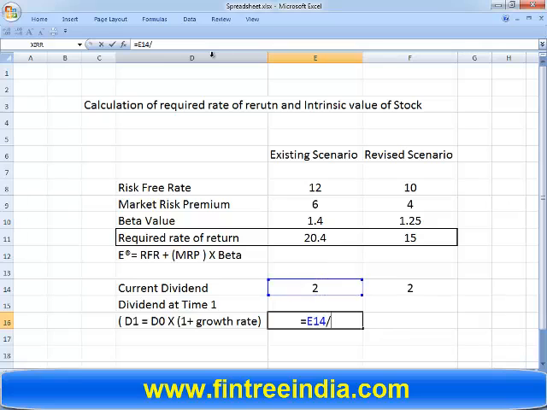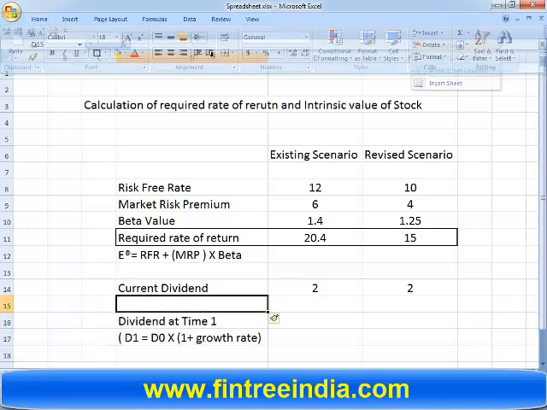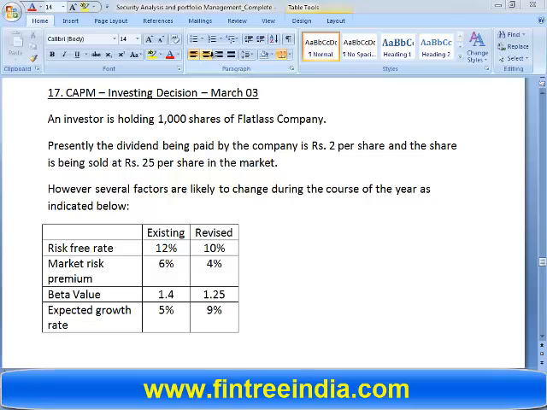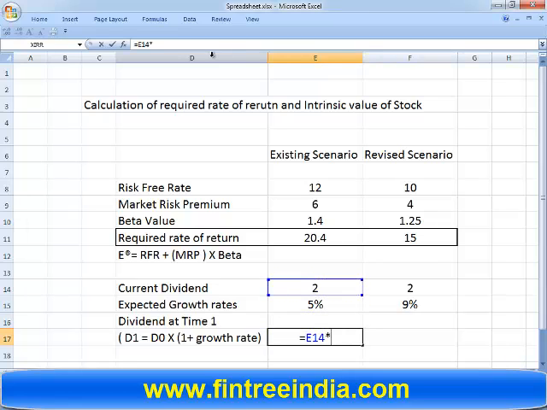So is equal to 2 multiplied with 1 plus, oh, have we not plotted the growth rates? Wait a minute. So we need one more row here. Say expected, you can write it below that. Expected growth rates 5% and 9%. So is equal to 2 multiplied with 1 plus 5% and 1 plus 9%, 2.118.